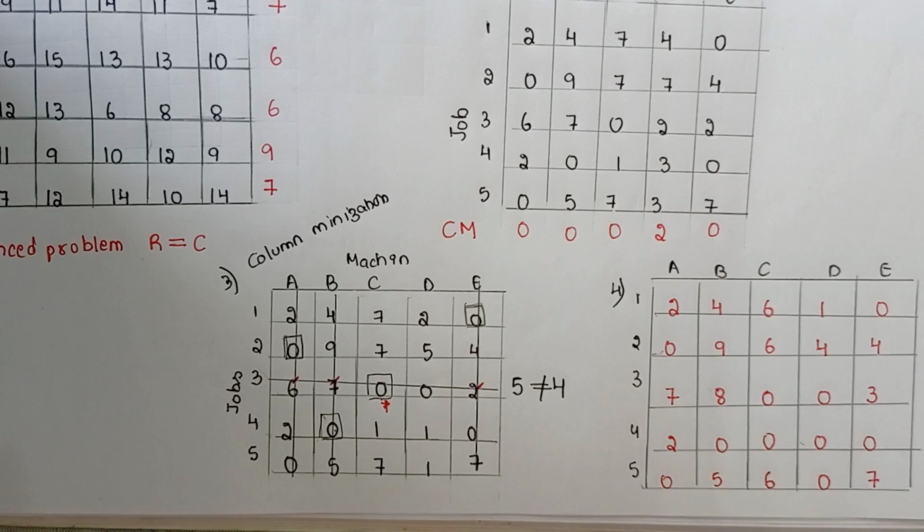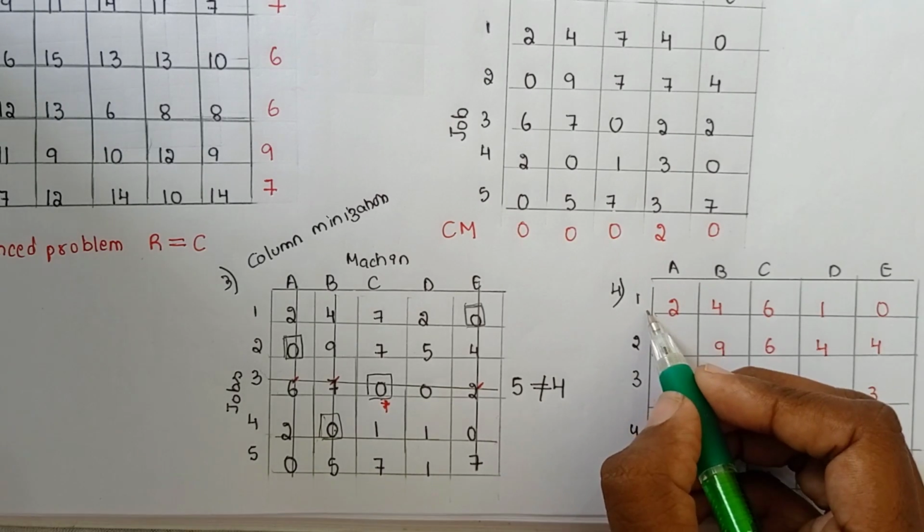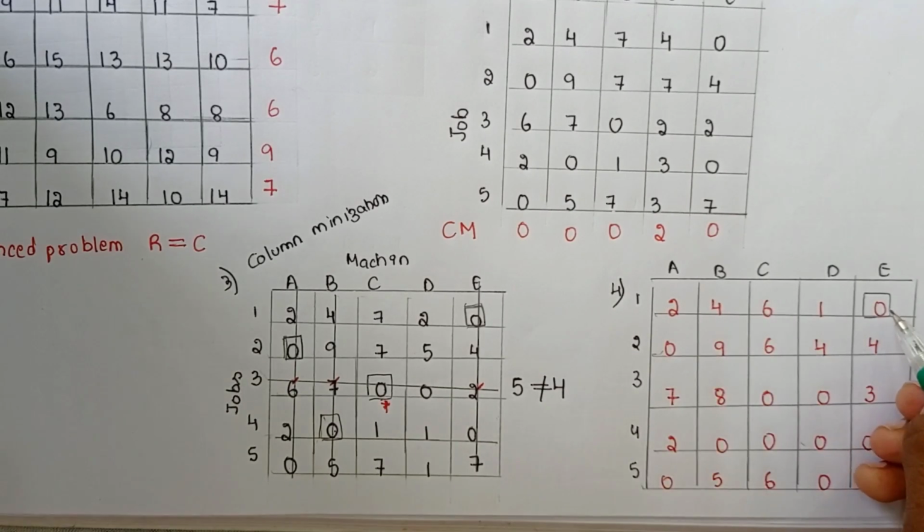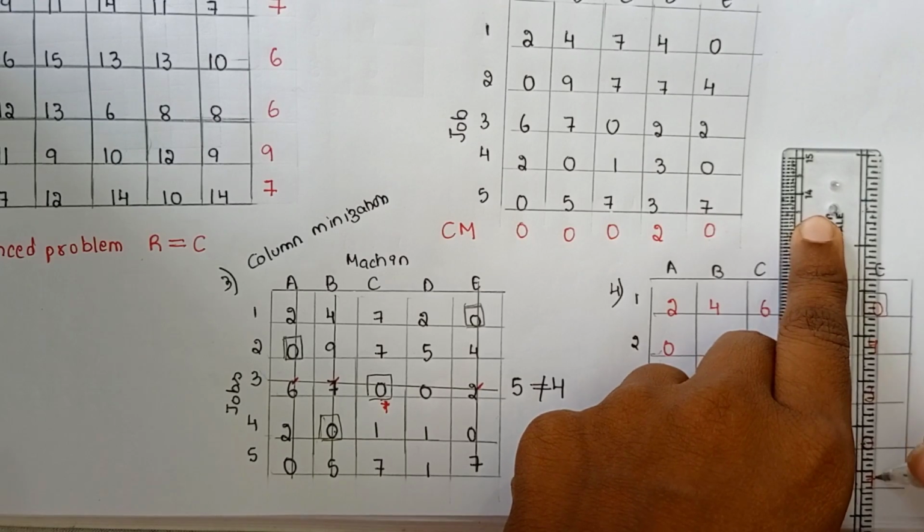Okay, now what we have to identify is, again we have to do the row scanning and column scanning for the modified values. Okay, so in this first row we have one 0, so I will mark that as a square. Since I have got 0 in the row, I will cancel this column.